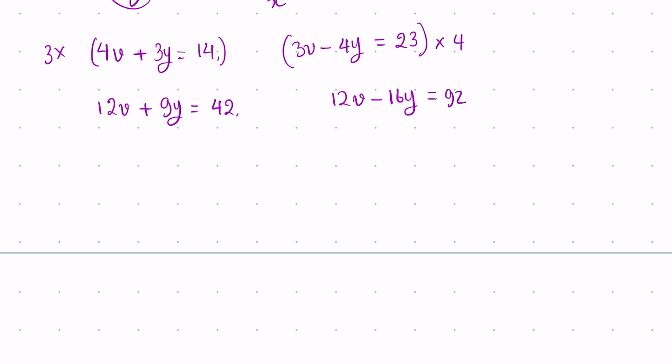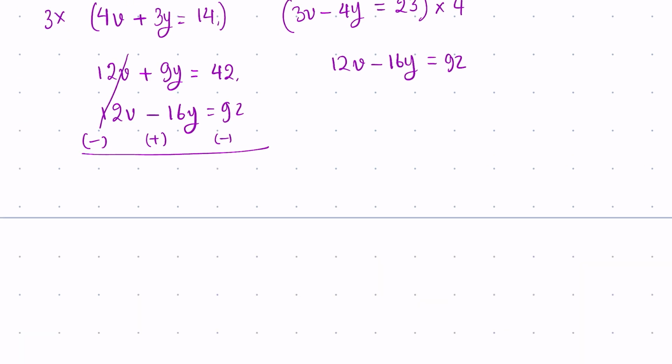Okay, so we just use simple elimination now. Eliminating the variable v, let me not jump steps. 9y minus 16y is equal to 42 minus 92.